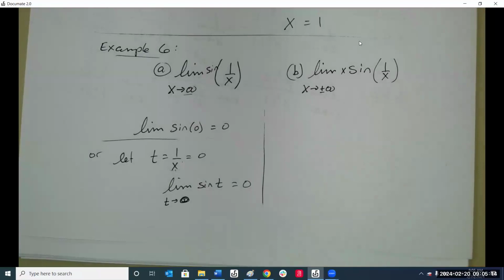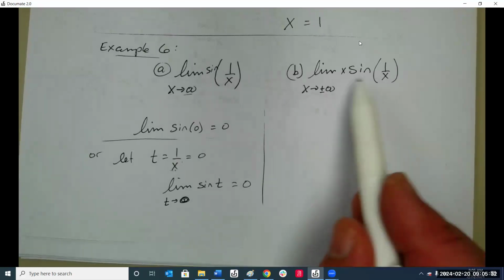How about the next one? What does the product rule tell us? Or not? Let's use substitution here again, because we can't really use the product rule here.